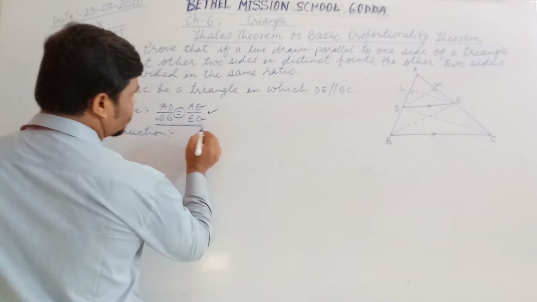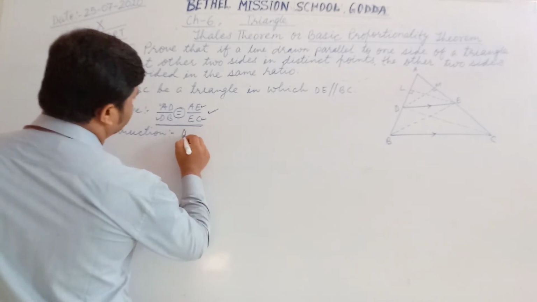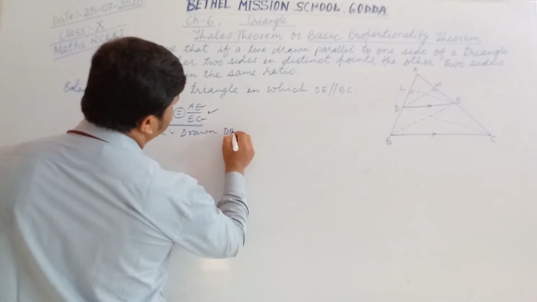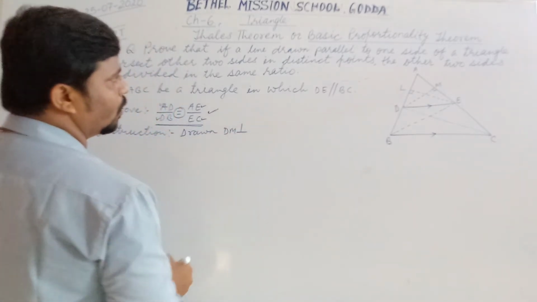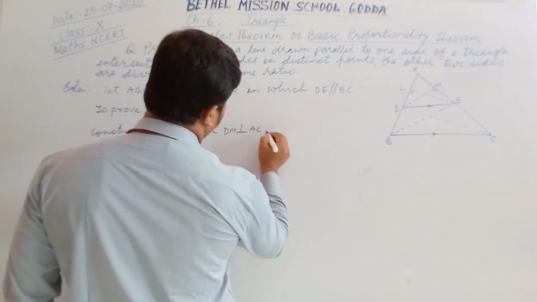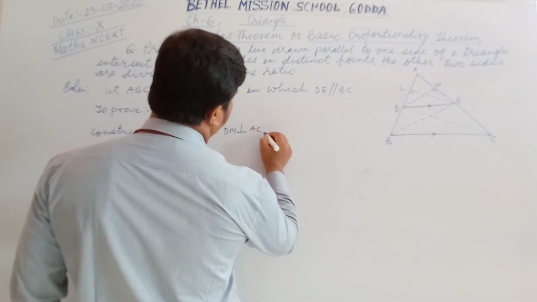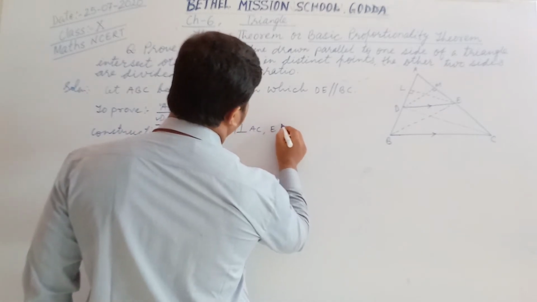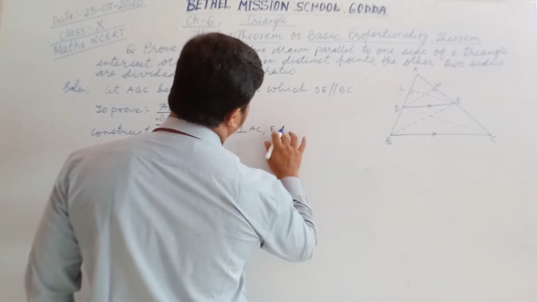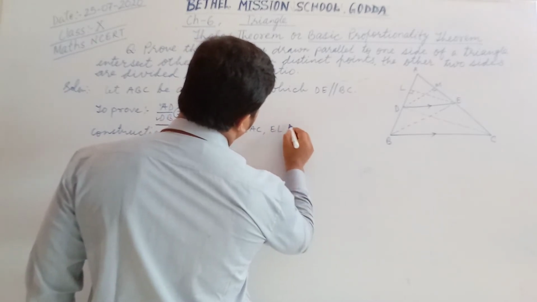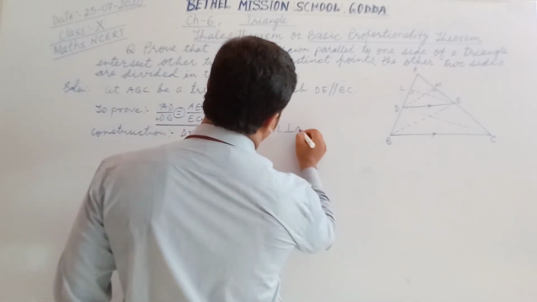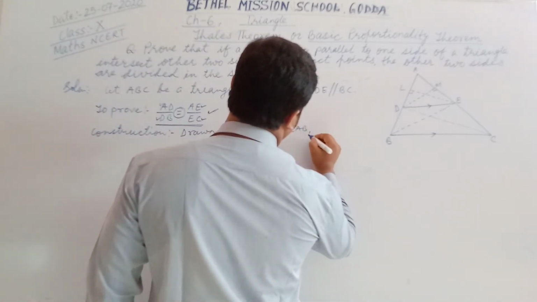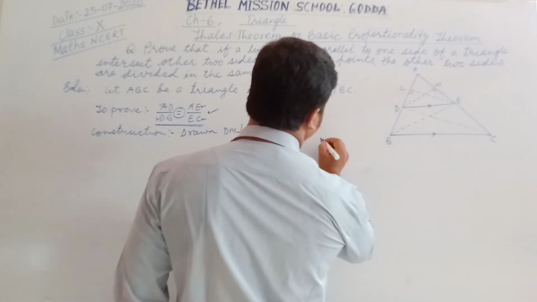So we will write this: drawn DM perpendicular to AC and EL perpendicular to AB, joined DC and BE.